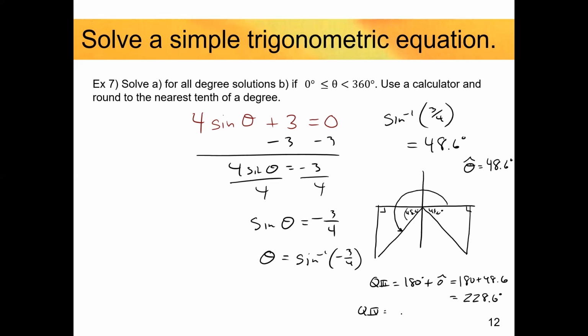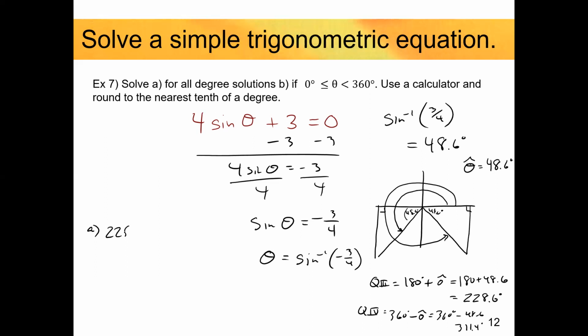We're almost out of time, 1 minute left. Yes, 360 degrees minus the reference angle. 360 minus 48.6 is 311.4, I believe. So the answer to A is 228.6 degrees and 311.4 degrees.